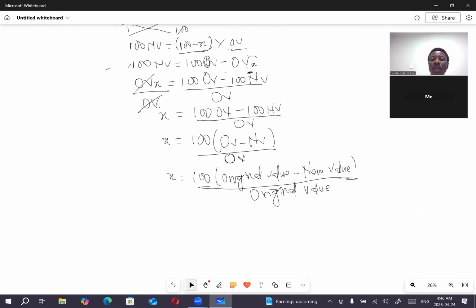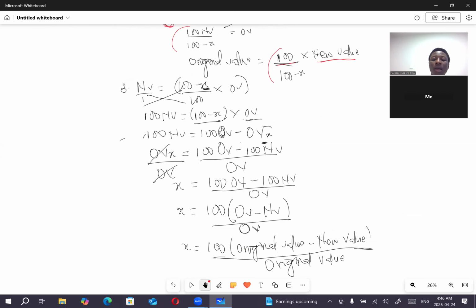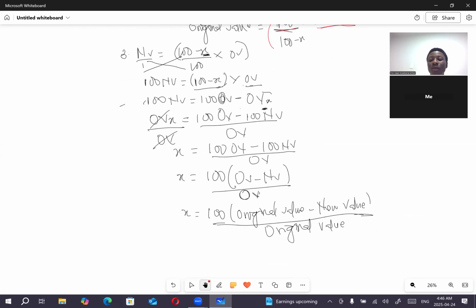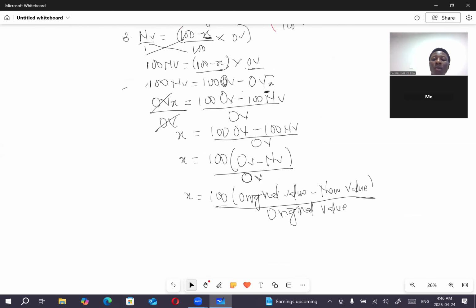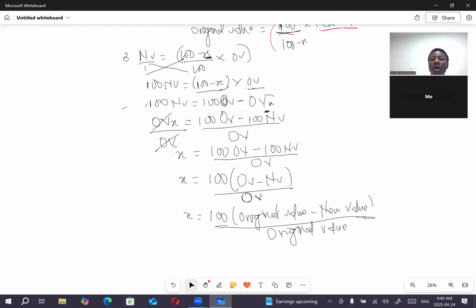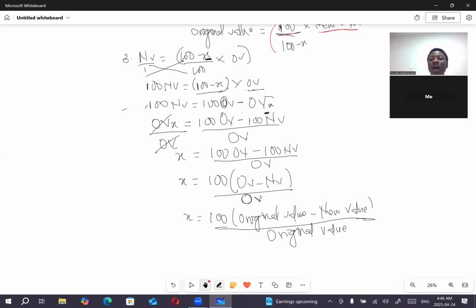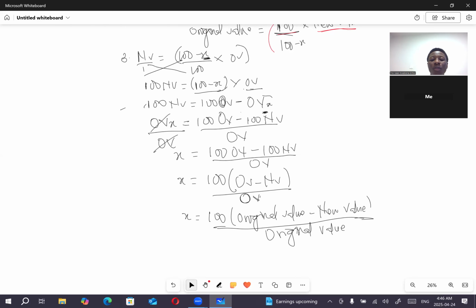you will not really see something like reduction in value. Okay, reduction in value. But the reduction in value over original value, I was saying that the reduction in value will probably represent original value minus new value. I don't know if you're focusing.